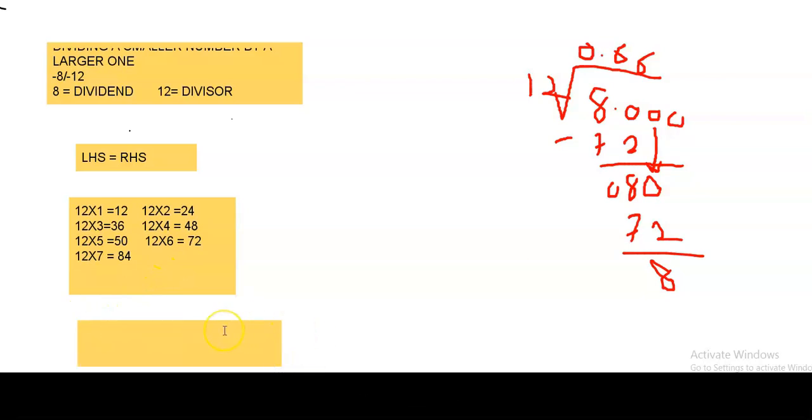So we know that the divisor is 12 and the dividend is 8.